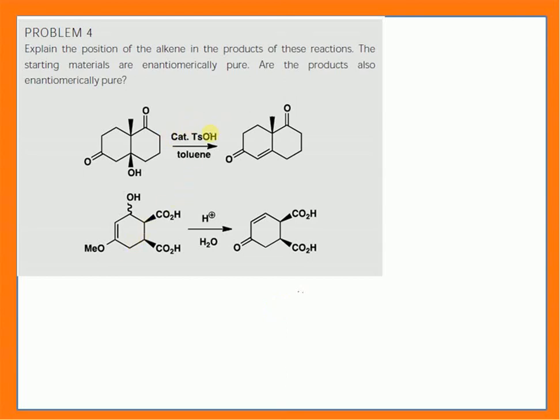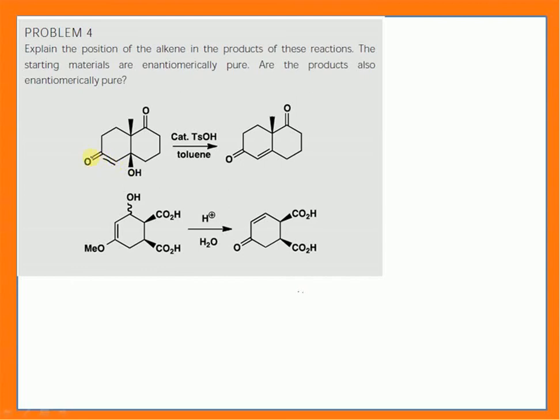So first we are using this TsOH, and we have a carbonyl group here and OH here. We have just discussed the E1cB mechanism, and this question is based on that. First we will remove a proton from this position, right? You will get a negative charge here, and it will form an enolate.